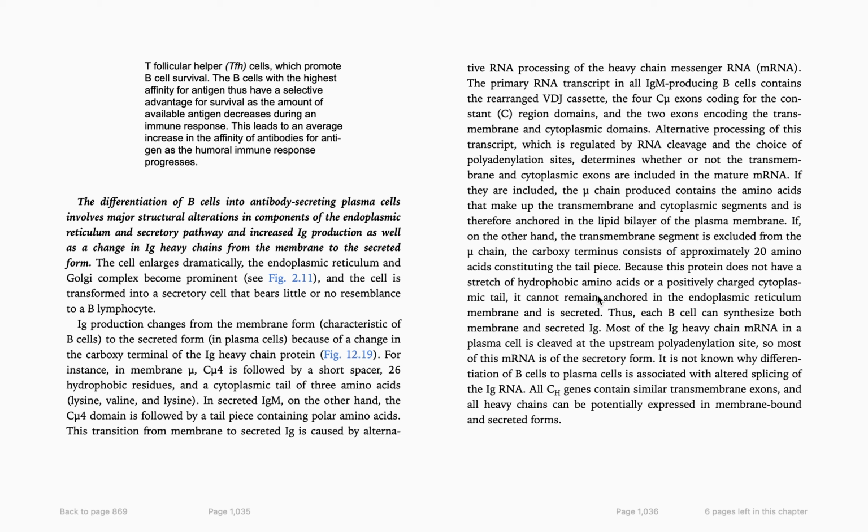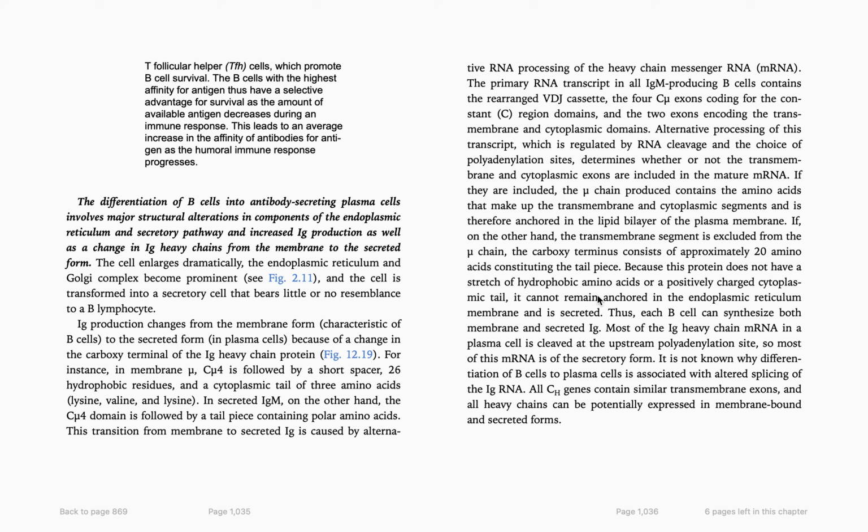For instance, in membrane mu, C mu4 is followed by a short spacer, 26 hydrophobic residues and a cytosolic tail of 3 amino acids, lysine, valine, and lysine. In secretory IgM, on the other hand, the C mu4 domain is followed by a tail piece containing polar amino acids.